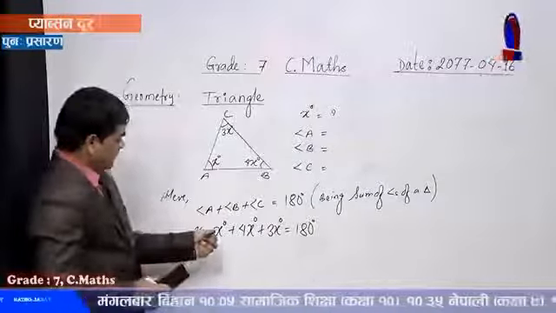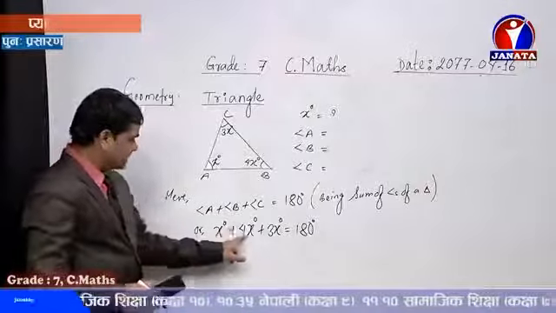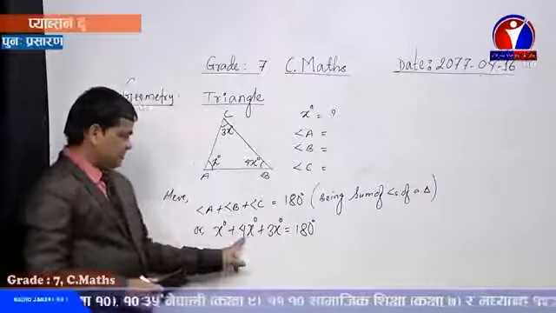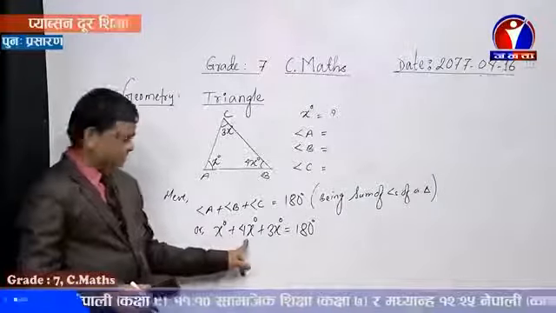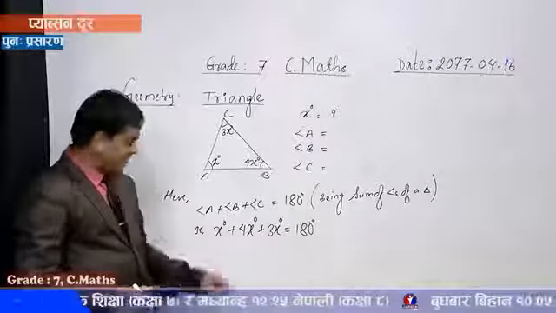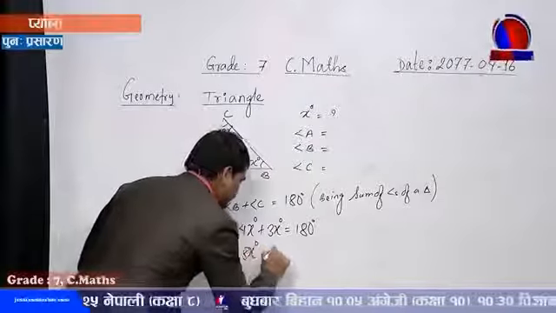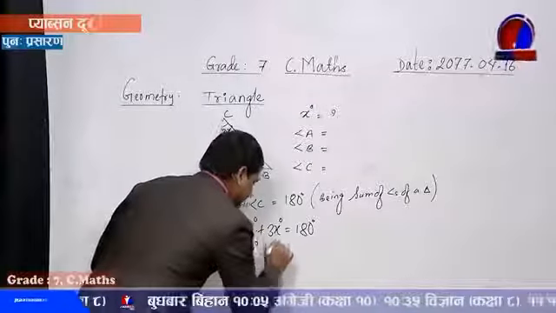Now these are like terms, isn't it, dear friend? 1x, 4x, and 3x. 1x plus 4x is 5x, 5x plus 3x, how many? 8x. So 8x degree equals 180 degree, isn't it?